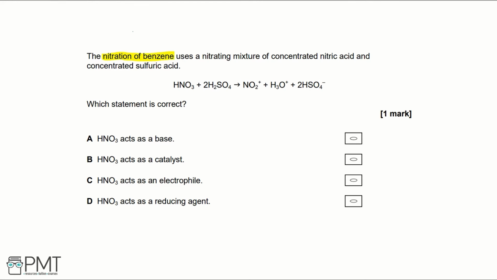Let's start by identifying the type of mechanism that nitration of benzene is. So it's electrophilic substitution. So this should help us put some context to some of the statements. If we look at them one by one and we start with A, well, we're saying that nitric acid is a base. And a base is a proton acceptor.